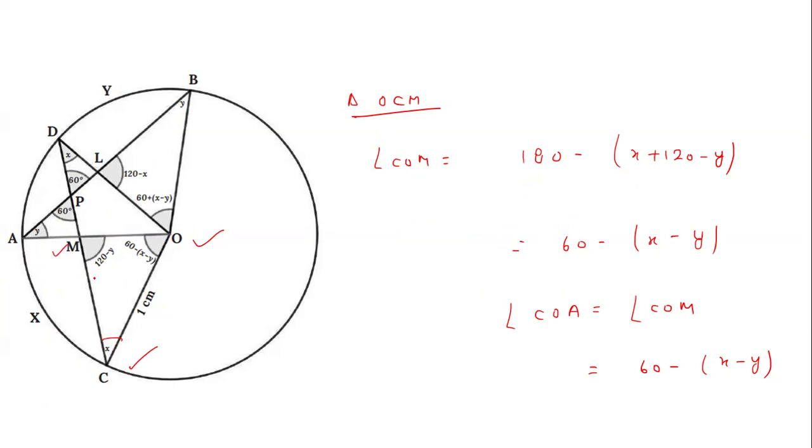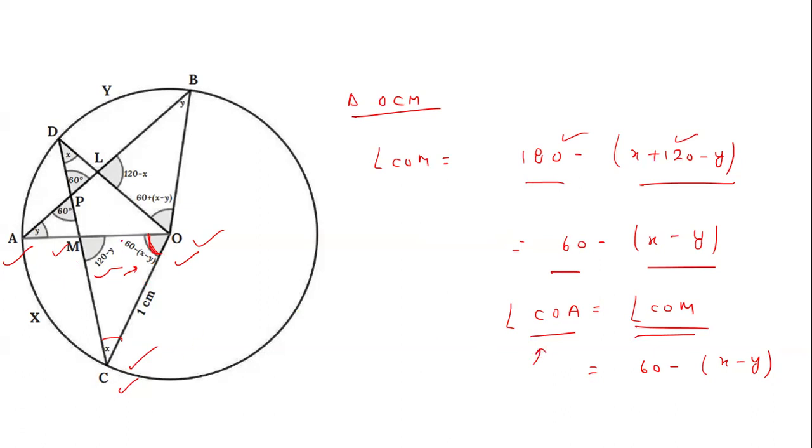Now this is the angle x, this is 120 minus y, so the remaining angle is 180 minus (x plus 120 minus y). So 180 minus 120 is 60, and here it will become x minus y. So this is the angle O. The COA angle and COM angle are both the same. So if we calculate this angle O, it is the same as the angle COA.